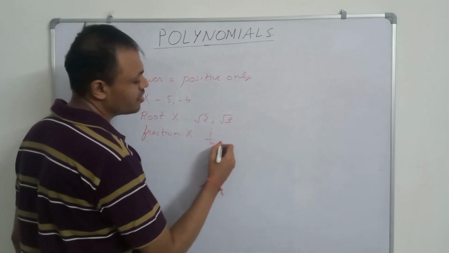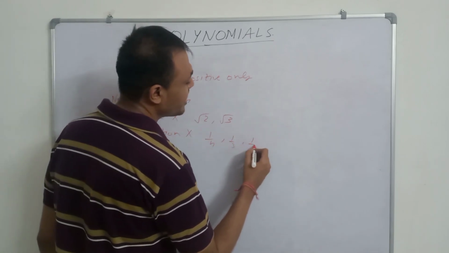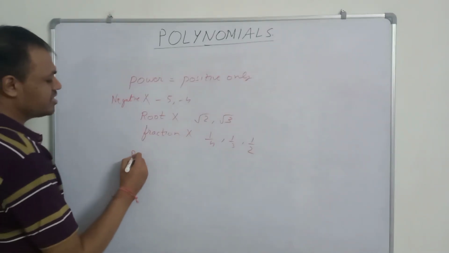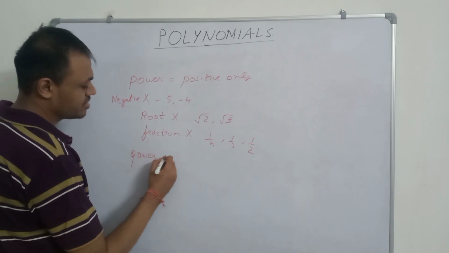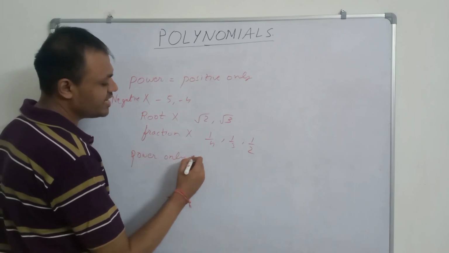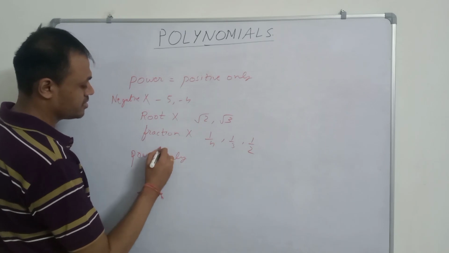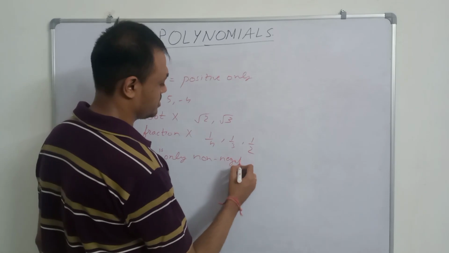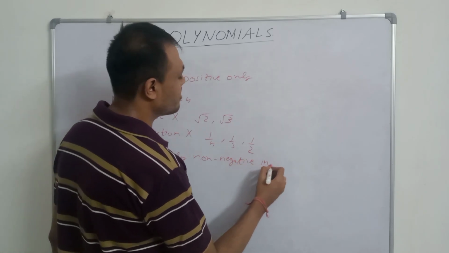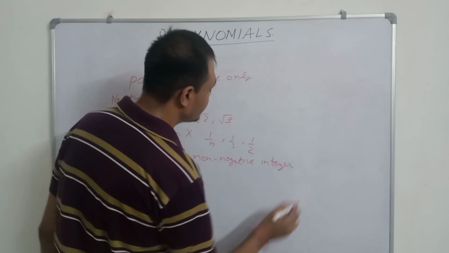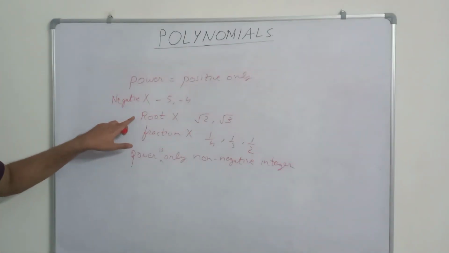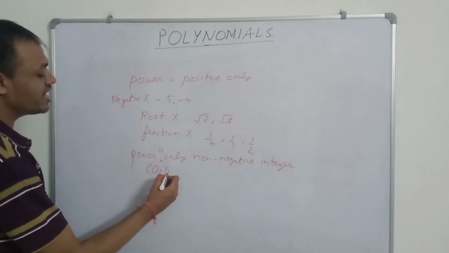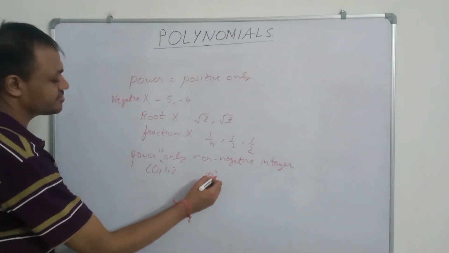So 1/4, 1/3, 1/2 are not possible. Power should only be a non-negative integer: 0, 1, 2 up to infinity.